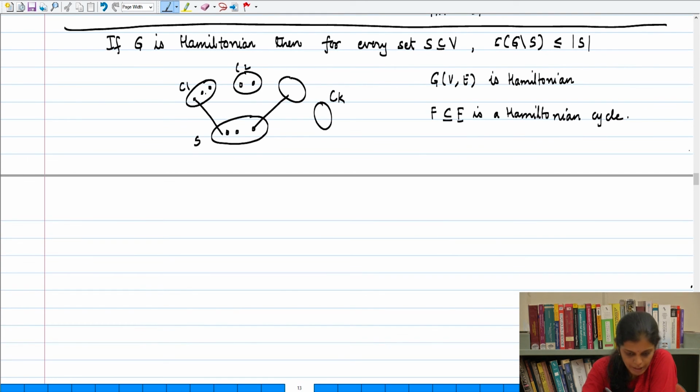So now let me draw these. The black edges are the edges which are present in the graph itself, right? These are not necessarily the edges of the cycle, and some of these black edges are going to be cycle edges.